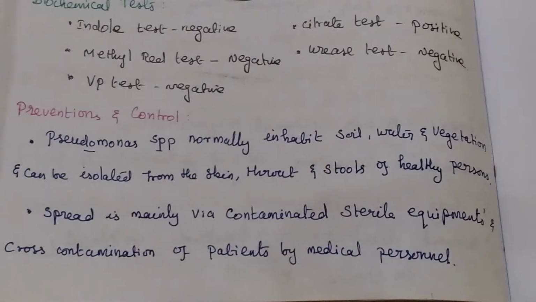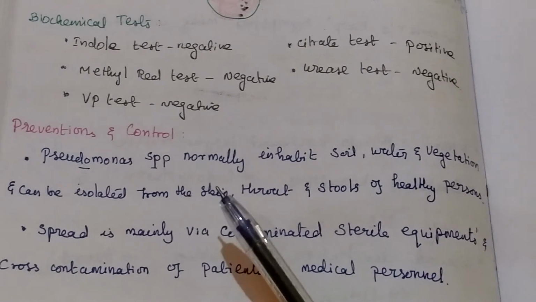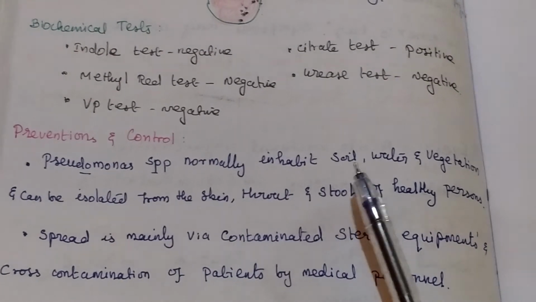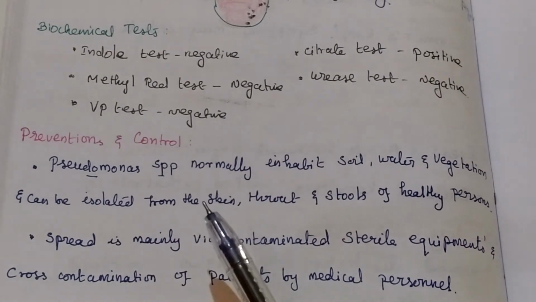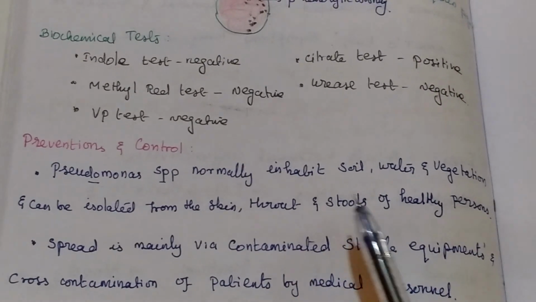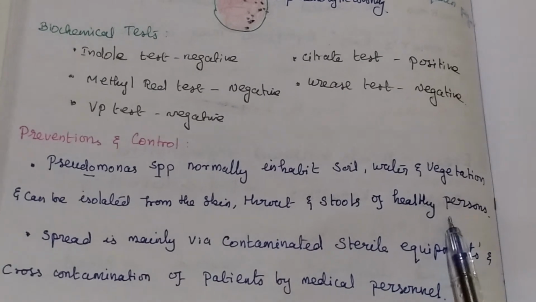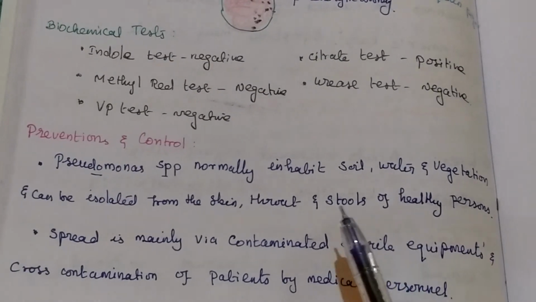Then preventive methods. Pseudomonas, we already know, is normally present in soil, water and vegetation, and can be isolated from the skin, throat and stool of healthy persons. Okay, so it is a normal flora.